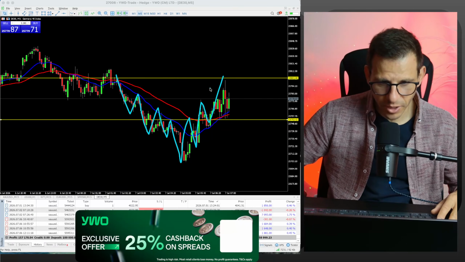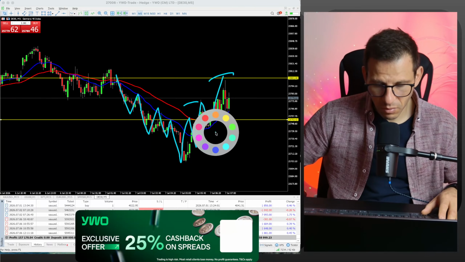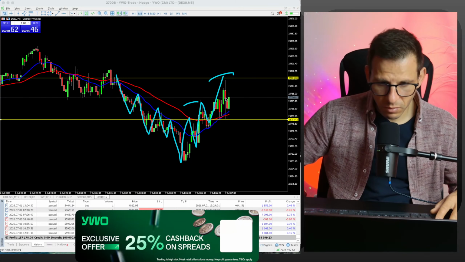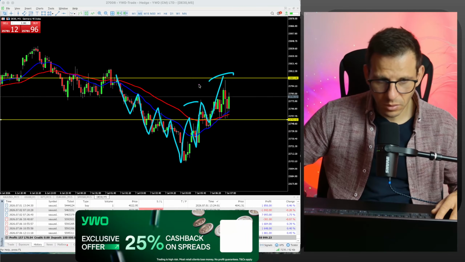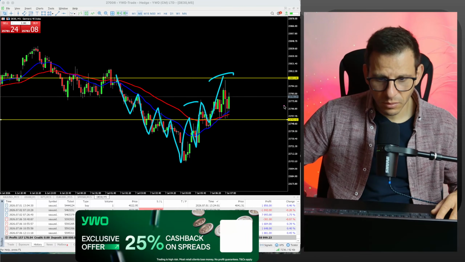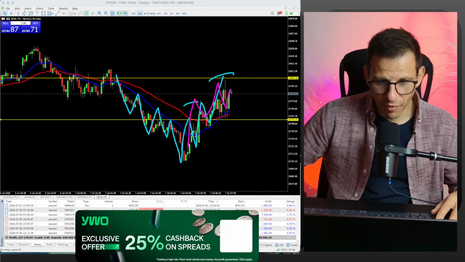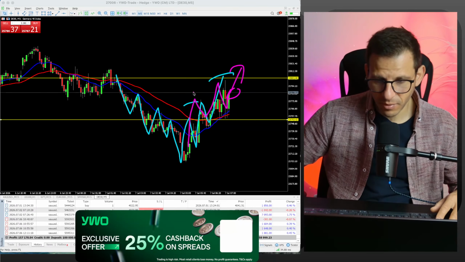On the 5-minute chart, we have these higher highs here. Not that clear, but if you ask me if I want to do anything here, I prefer to be a buyer and just ride the 5-minute trend on its way up. And if I get stopped out, I mean, let it be.